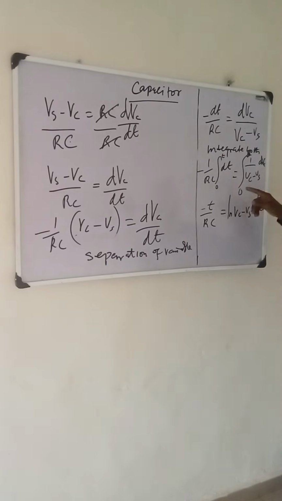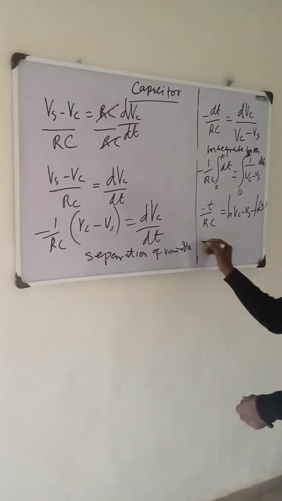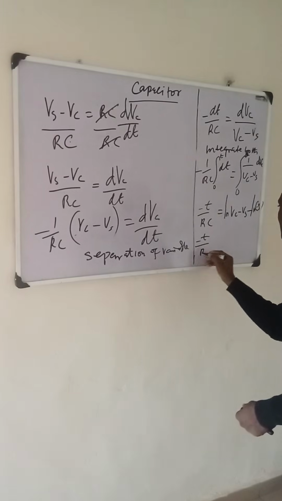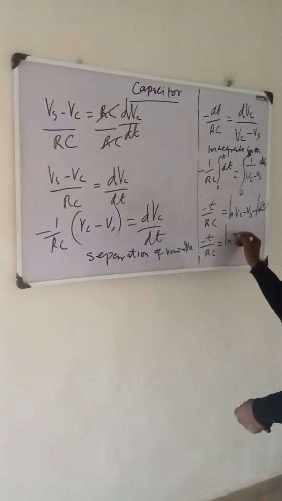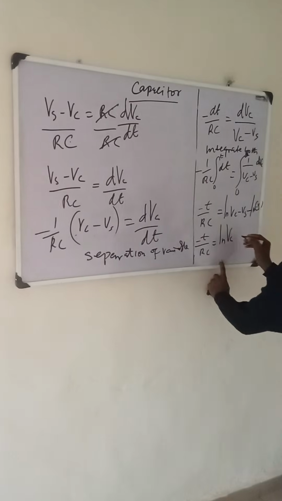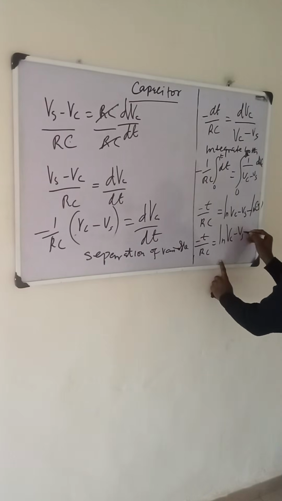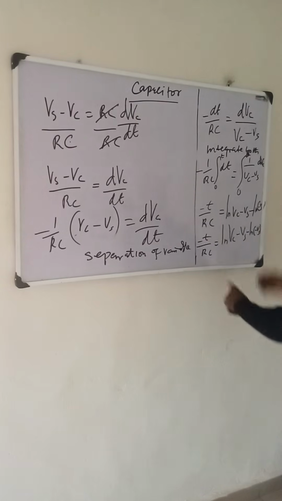I have taken the limit, so that is upper minus lower. That leads us to negative t all over Rc equal to ln(Vc minus Vs) minus ln(negative Vs).